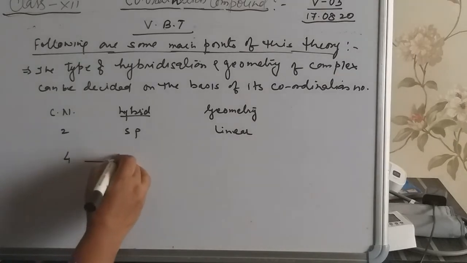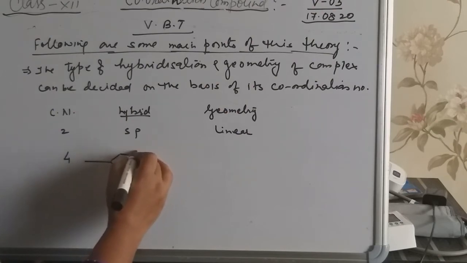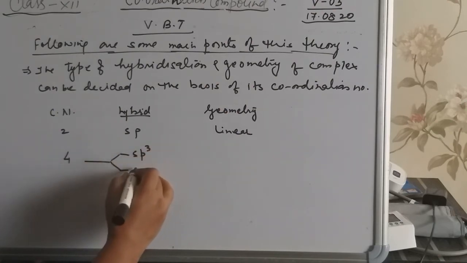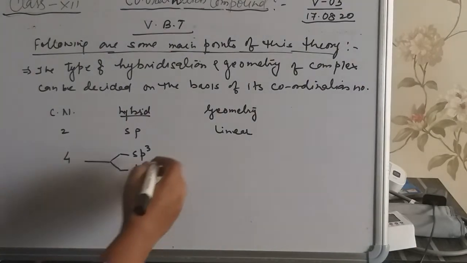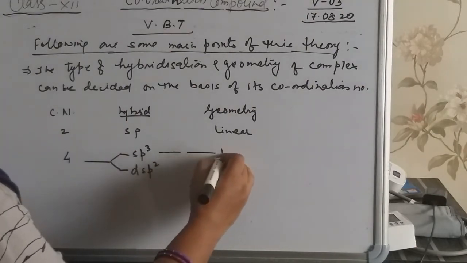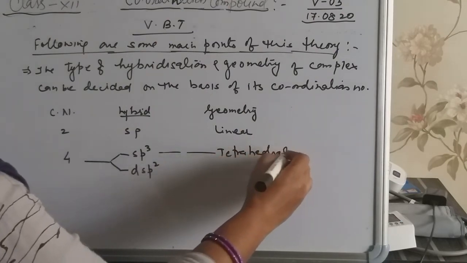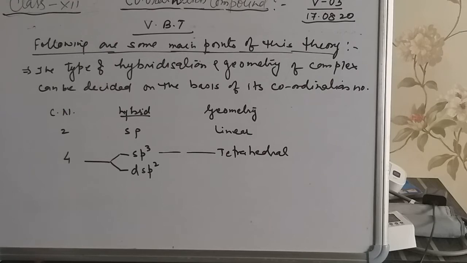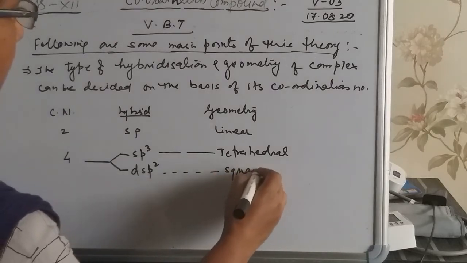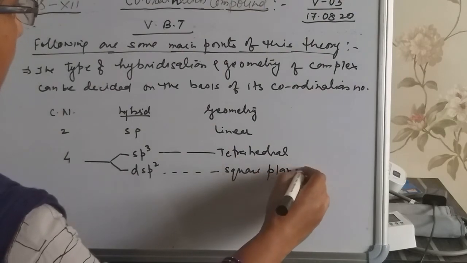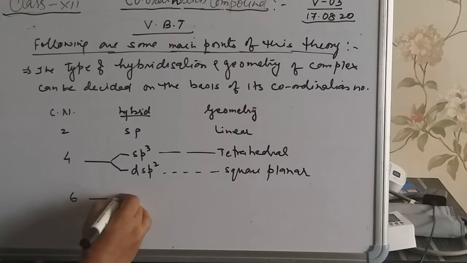Coordination number 4. So there will be a possibility of two types of hybridization, sp3 and dsp2. sp3 is tetrahedral and dsp2 is square planar. Coordination number 6.